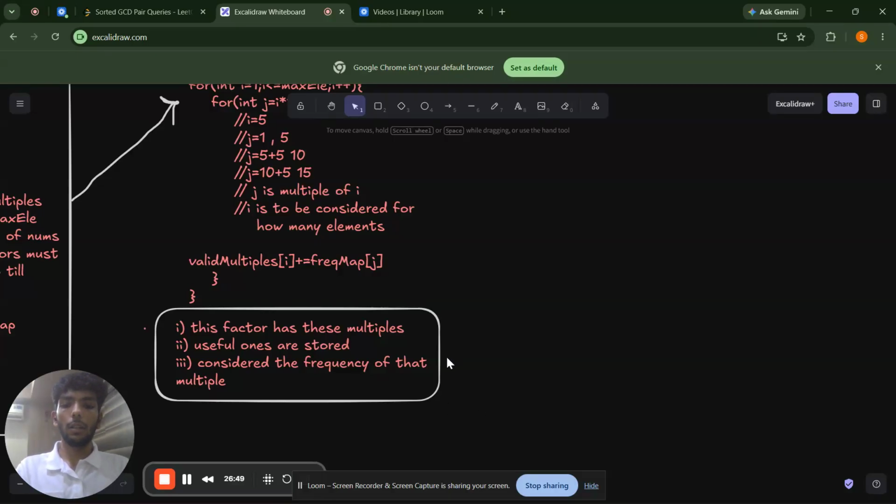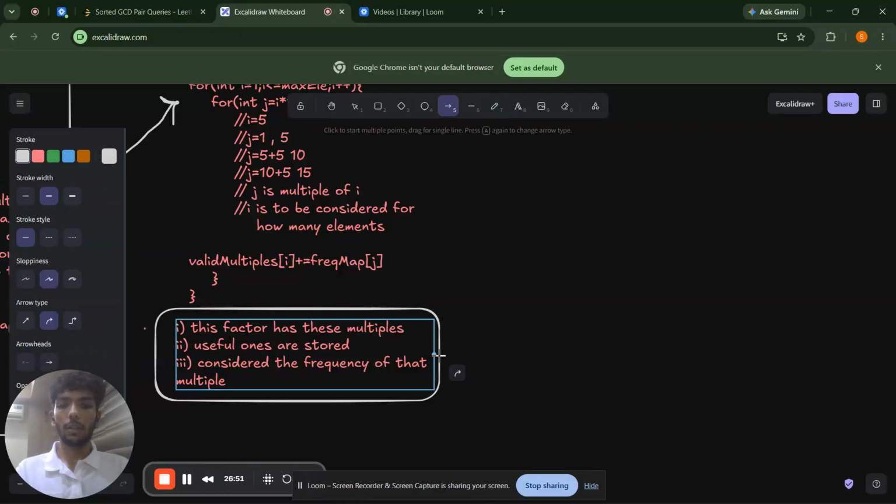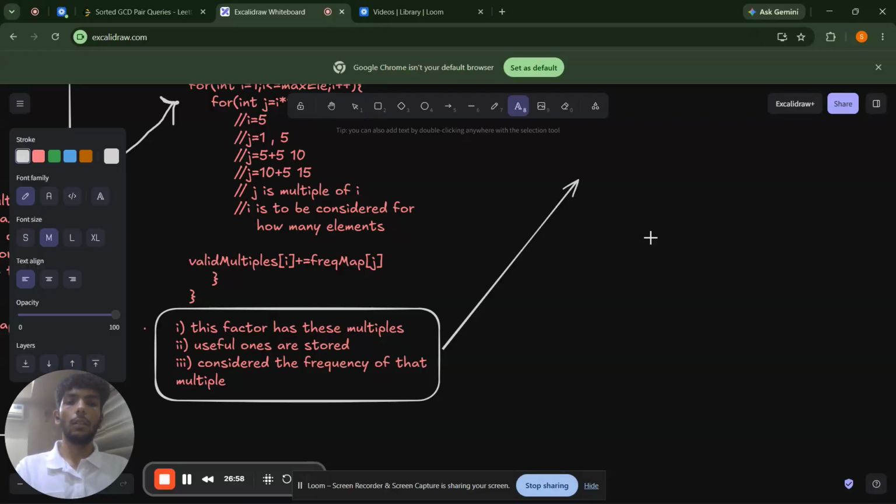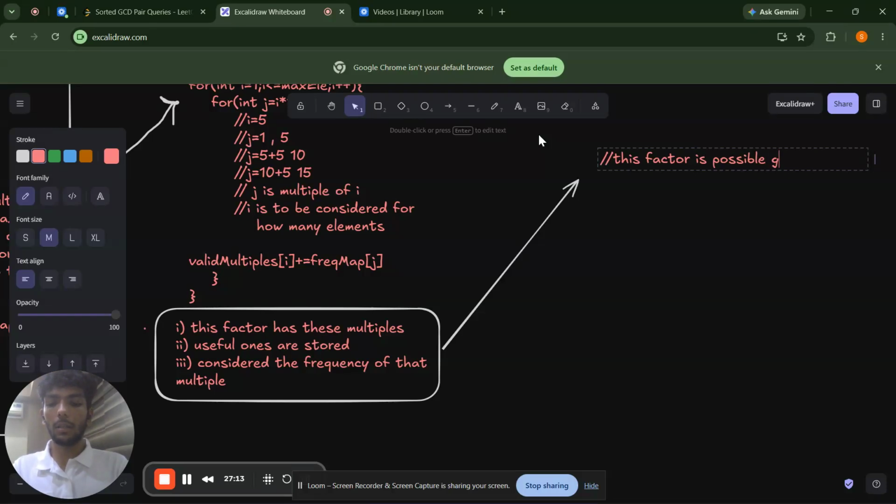From the information that we have collected, we will try to find out that this factor is a possible GCD of how many pairs.